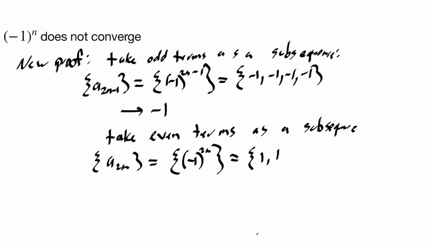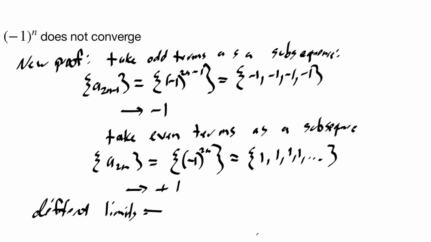So this is just the sequence 1, 1, 1, 1. But that sequence converges to +1. So since the two subsequences approach different limits, that implies no limit.